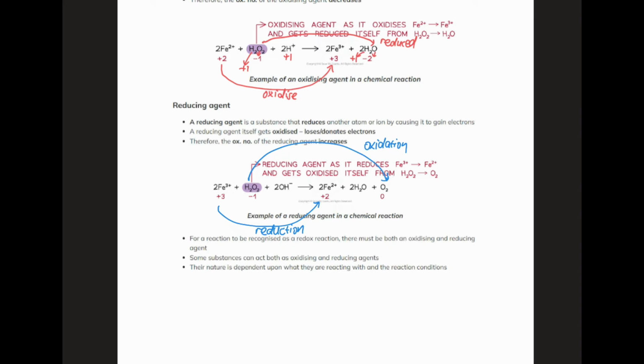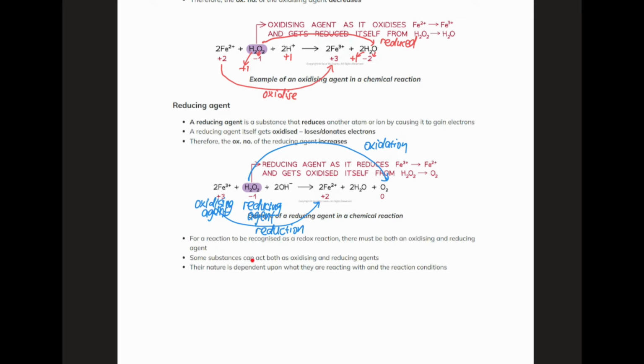And who is the oxidizing agent and who is the reducing agent? So we already discussed this is the reducing agent. So the oxidizing agent is the other one. The oxidizing agent is the one that goes through reduction. So this is the oxidizing agent. So we have something like that. And let's move on.